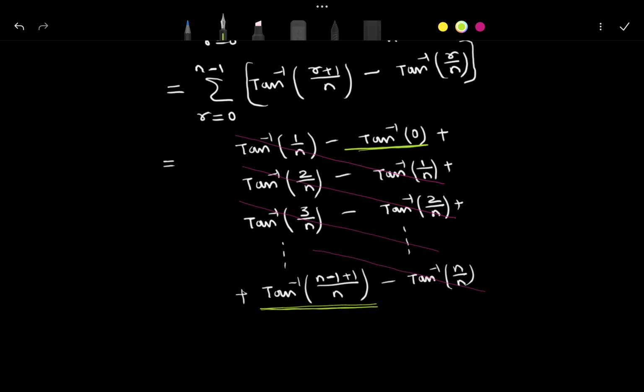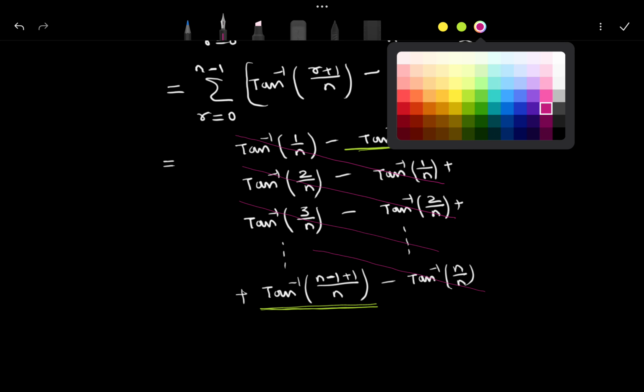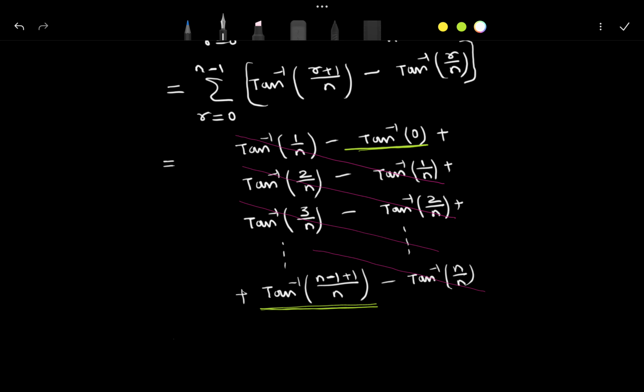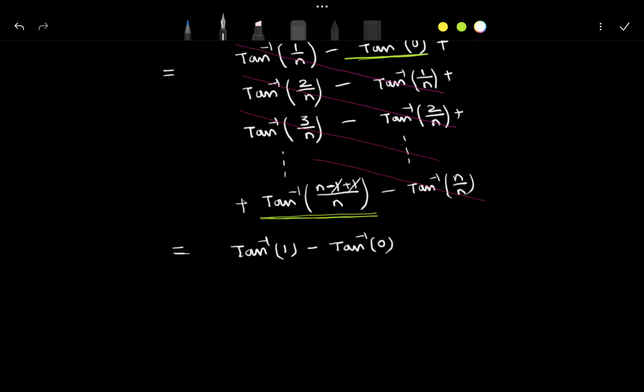So the value equals tan inverse of n by n, which is 1, minus tan inverse of 0. Tan inverse of 1 equals pi by 4, so pi by 4 minus 0. Totally this is pi by 4.